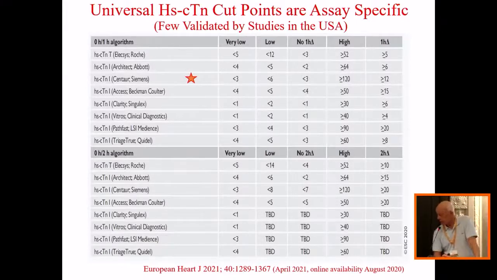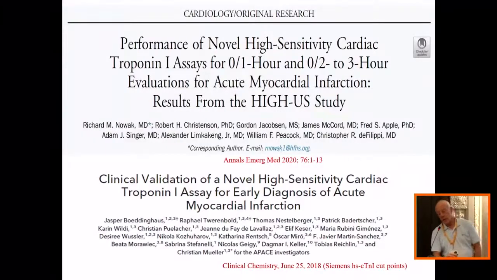And then what's left in the middle is the indeterminate zone. So we started out looking at a large U.S. trial, where the theory was that we could harmonize the cut points used in the ESC guidelines, predominantly from a European population, and see if that applied to an American population, which arguably is a little bit different, not a lot, but it is.